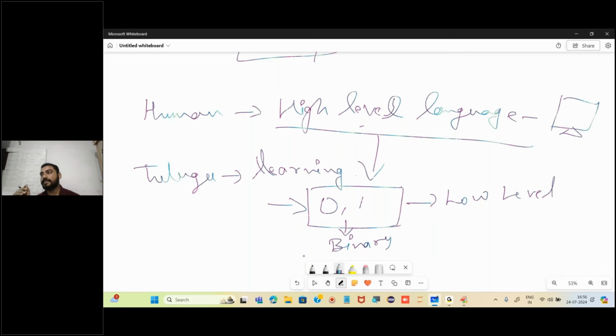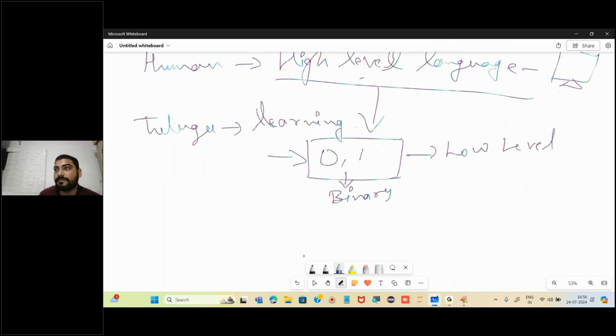Alphabet is the first step of learning English, right? Similarly, for knowing any language, the first step is to learn how we are communicating with the system, and what the system is seeing. What is the system seeing? 0 and 1.